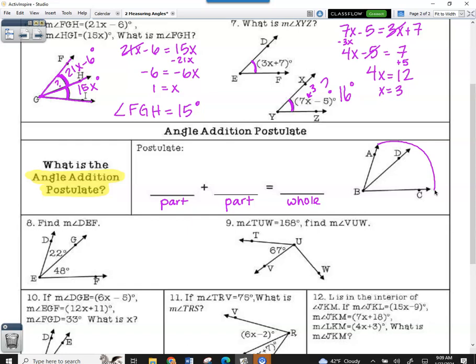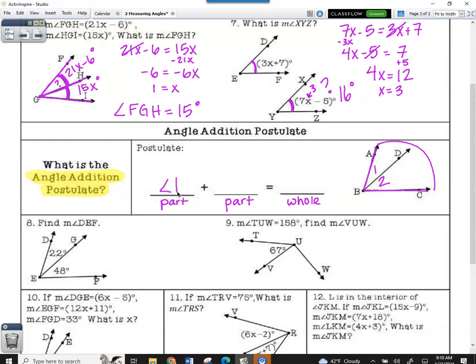So let's assign some numbers. And I hate to do 1, 2, 3, but I guess I will. Let's call this angle 1. Let's call this angle 2. And we're not going to call the outer angle 3 because that would look weird. We're going to call the outer angle by the 3 letters that it is formed by. All right, so here we go. Ready? Angle 1.